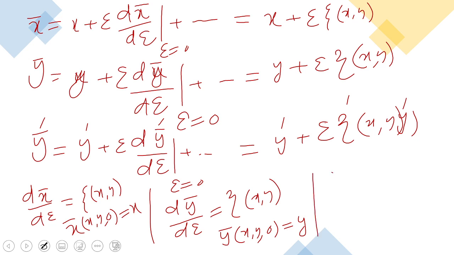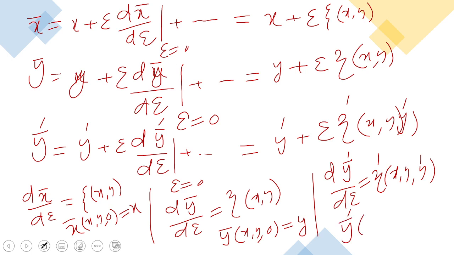And the third equation is for y dash: y bar dash over d epsilon is equal to eta 1 of x, y and y dash, where y bar dash at x, y, y dash and epsilon 0 should be y dash. So we take these types of transformation, and we are interested here to find the value of eta 1 first.